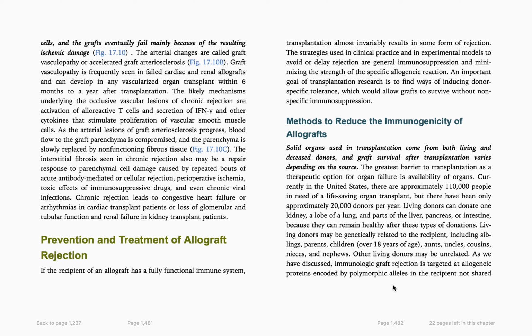As arterial lesions of graft arteriosclerosis progress, blood flow to the graft parenchyma is compromised, and the parenchyma is slowly replaced by non-functional fibrous tissue.